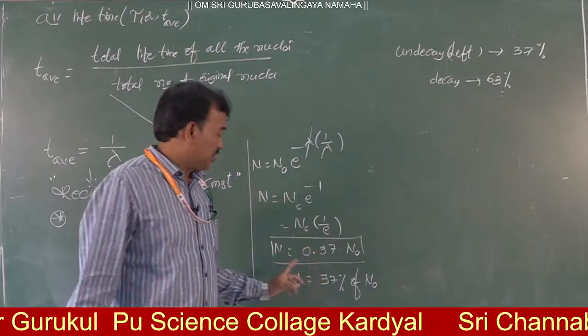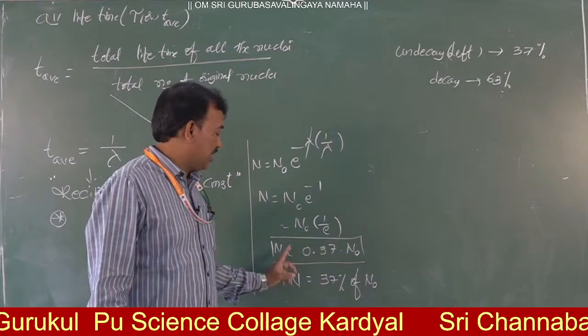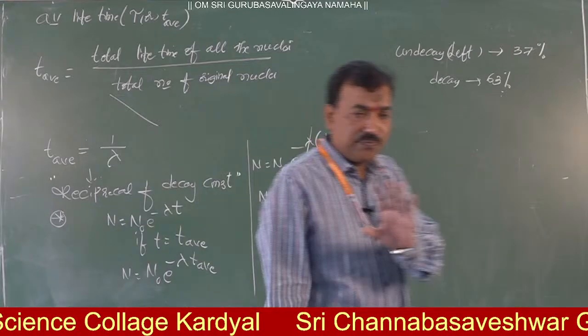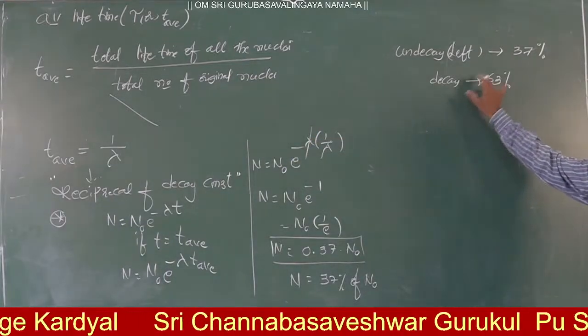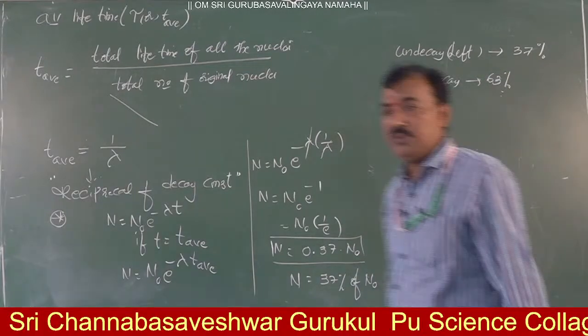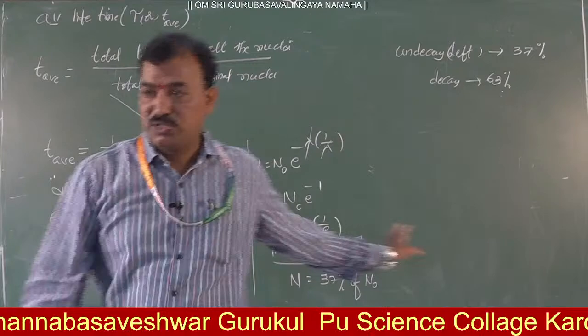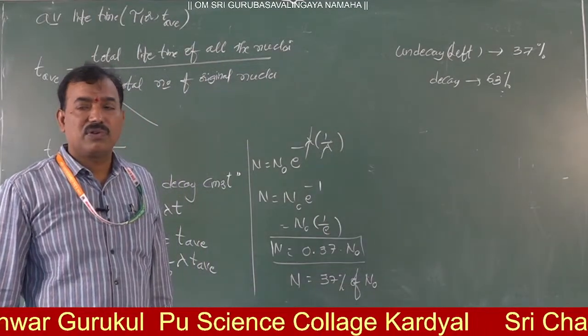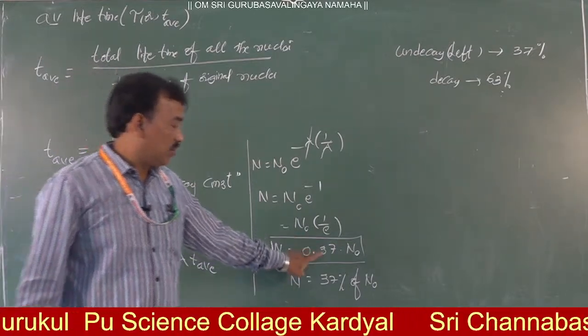So n is equal to 0.37, this is the equation. And the decay is 63%. Next, write down the relation between, note these values, the relation between the average lifetime and the half life.